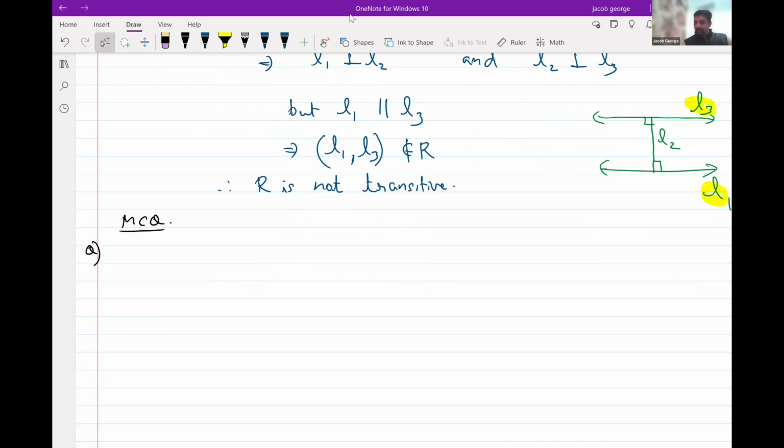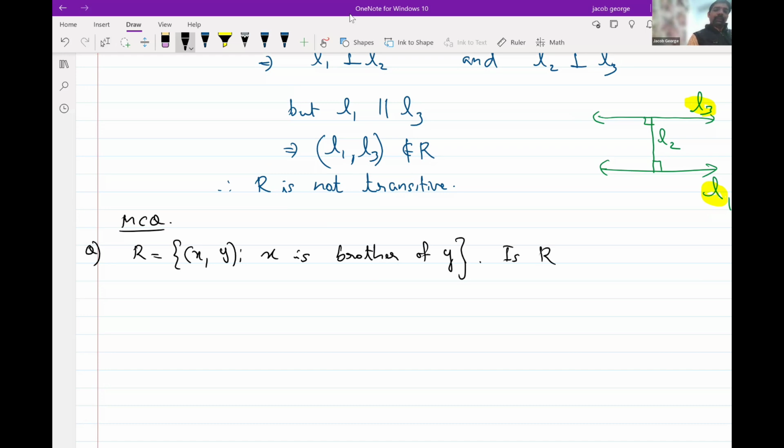Relation R is given like this: R is the set of all ordered pairs (X, Y) such that X is brother of Y. Is R a symmetric relation?